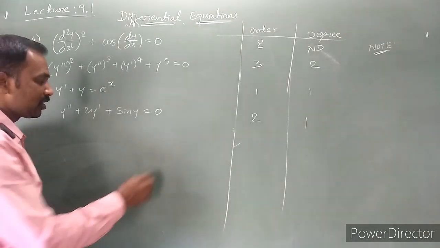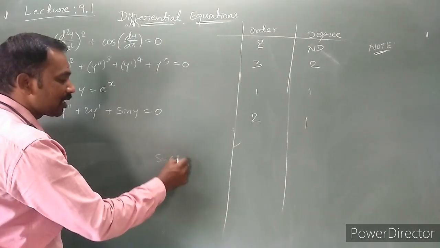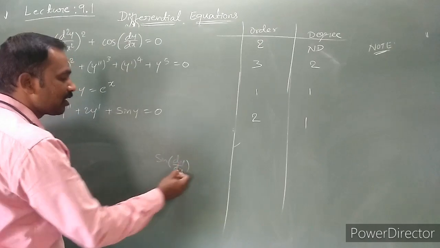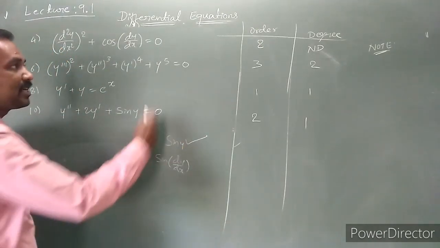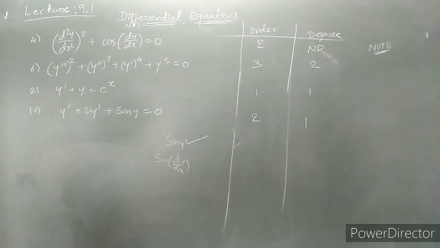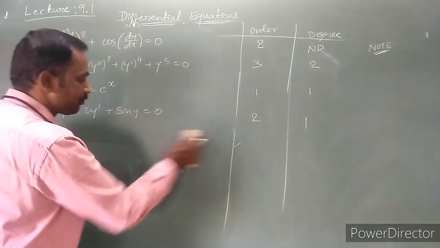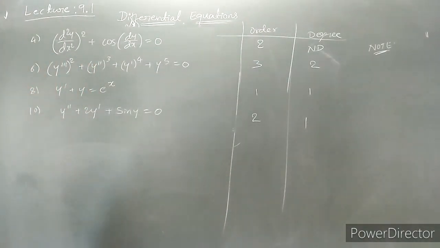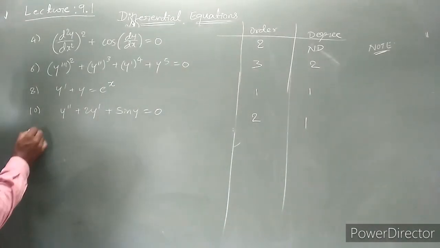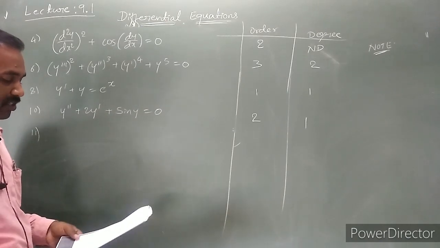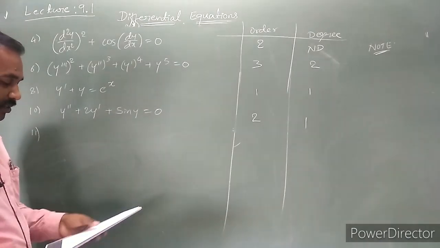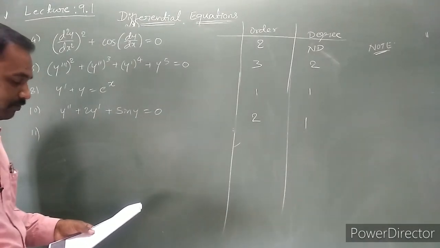Sine of a derivative should not be there, whatever the order. But sine of y is no problem, so the degree is defined. This is a very important point to remember, the trick for the 2 marks question. Don't confuse yourself. That's all. Next is the last problem.